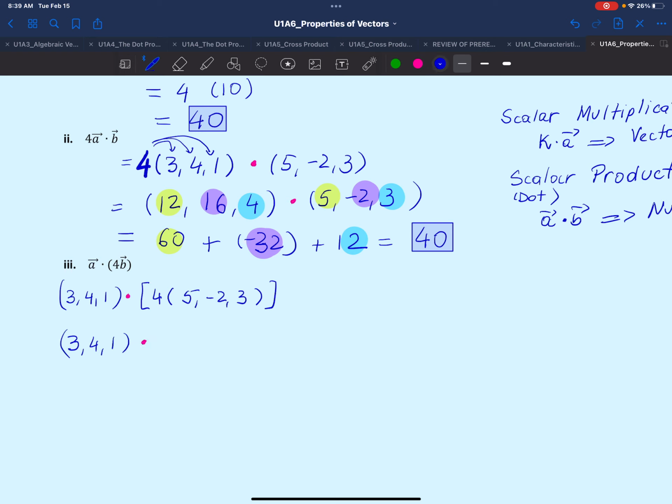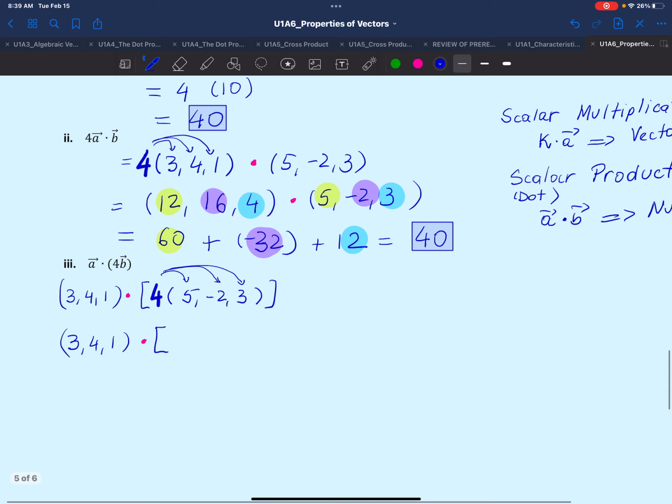dot. Again, similar to what we did in the previous example, the scalar 4 will multiply every coordinate. So it will produce a vector with coordinates 4 times as big. So then we have 20, negative 8, and 12.